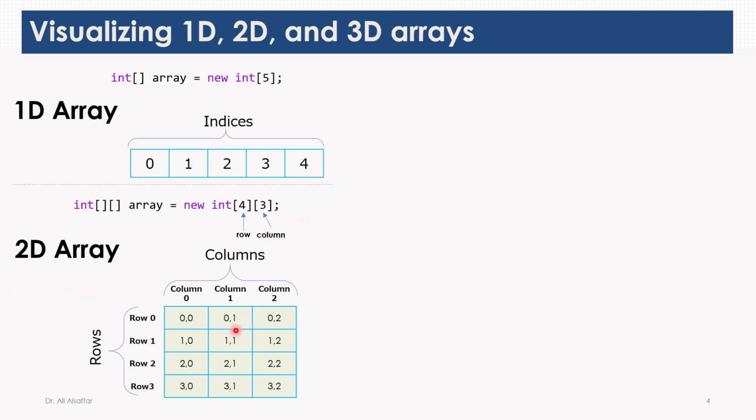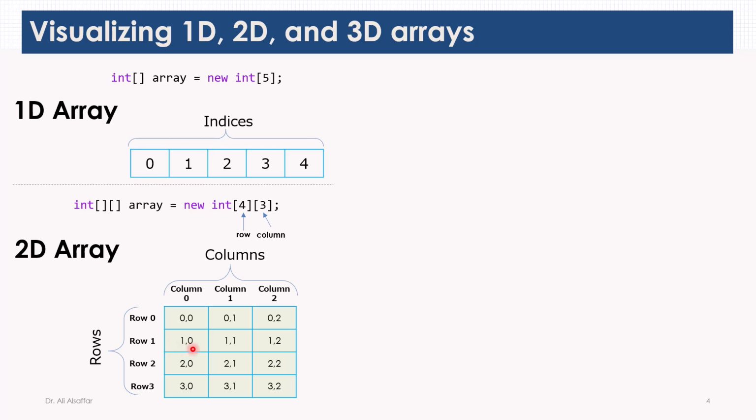So how do we reference the indices of this array? Like what we have done for the one-dimensional array, each dimension has its own index. It starts from 0. If we go row by row, this is row 0, and then we go column by column. So this is index 0,0, 0,1, and 0,2. So the row is 0, and the columns go from 0, 1 up to 2. In the second row, we have two numbers, 1,0. So 1 belongs to the first dimension and 0 belongs to the second dimension.